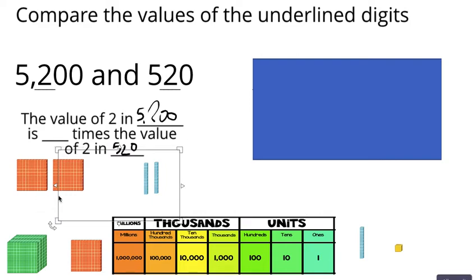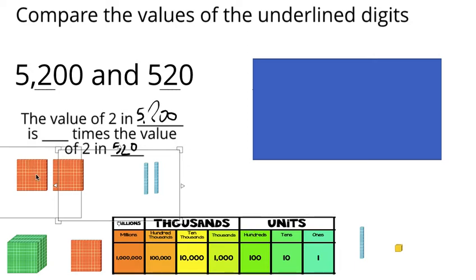So we're comparing 200 and 20. So if we look on our place value chart, this 2 digit is in the tens place, and this 2 digit is in the hundreds place. So we are jumping one place value over to be able to see how many times greater it is.